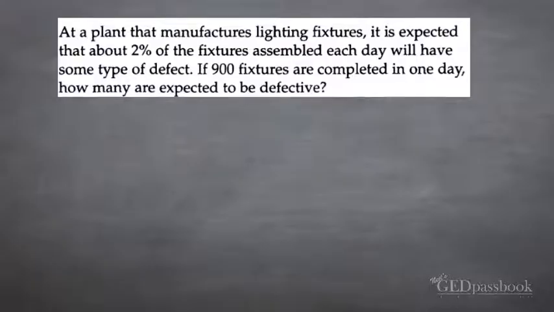Learning how to do the setup of a word problem is always going to benefit you. You must always do it. So in this specific case, if we read it: at a plant that manufactures lighting fixtures, it is expected that about 2% of the fixtures assembled each day will have some type of defect. If 900 fixtures are completed in one day, how many are expected to be defective?